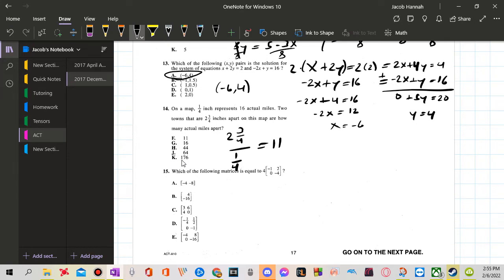Now we take this number and times it by how many miles is represented by 1/4. So 11 times 16 miles, which is 176, and that's our answer. Cool.